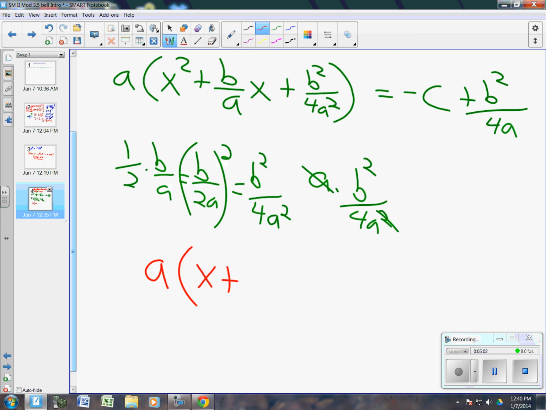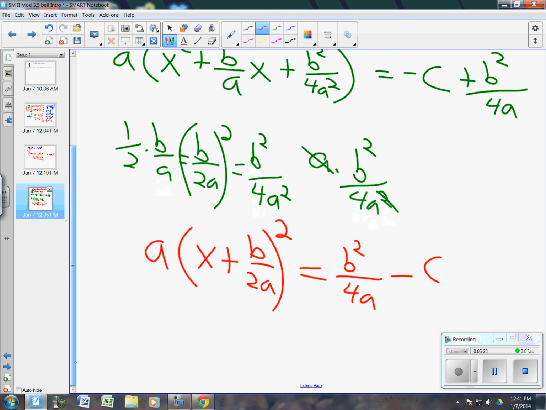Actually, b over 2a. So this factors would be b over 2a, squared. X plus b over 2a times x plus b over 2a. And on the other side, just because I know how this is supposed to end up, we're going to switch those two around. We're going to write b squared over 4a here minus the c on the other side.